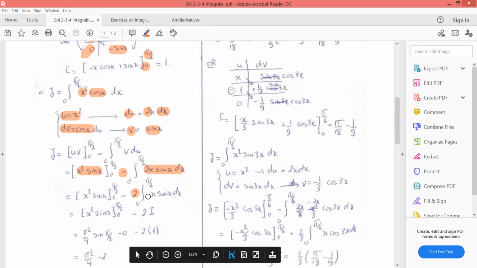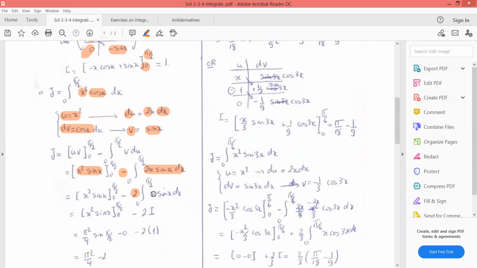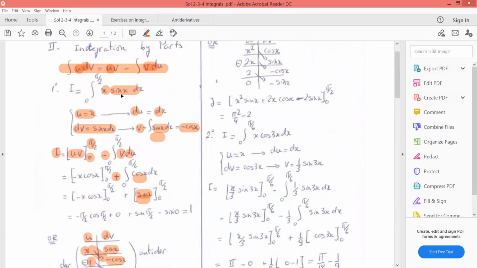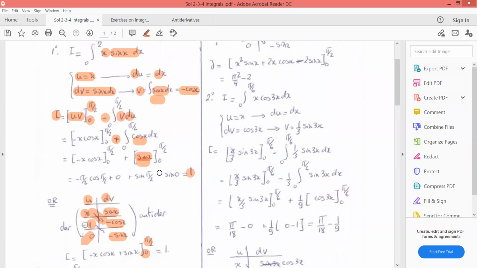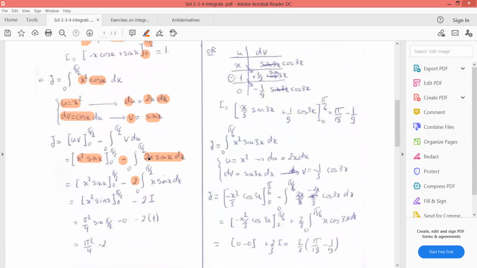So minus 2 times the integral from 0 to pi over 2 of x sine x. Since the question says deduce, we found in the previous part, the integral of x sine x, and the result was 1. So here the integral of 2x sine x from 0 to pi over 2 is 2 times 1. So I can put minus 2 times 1. And here I can replace first time x by pi over 2 minus second time 0. We get the result.